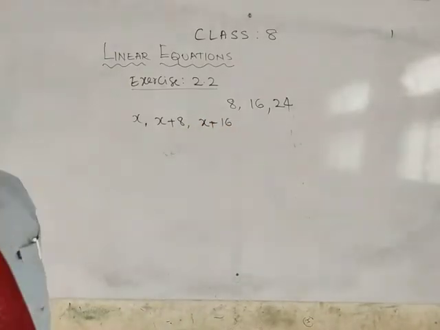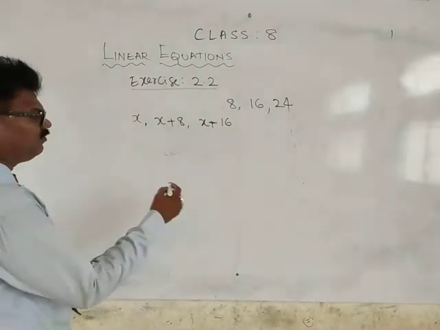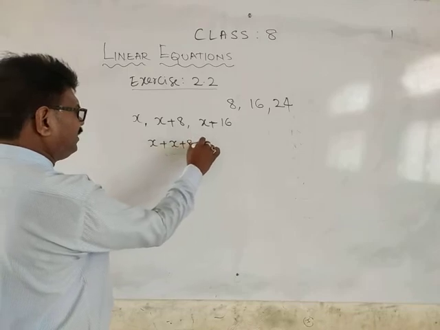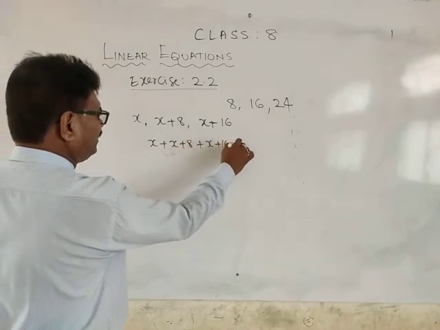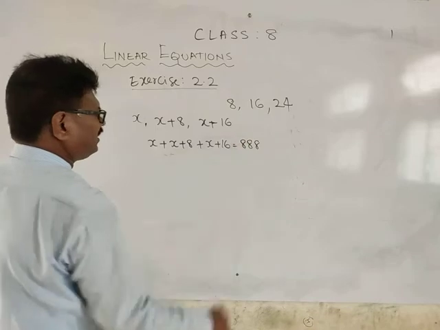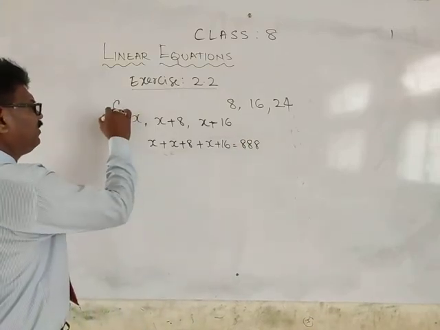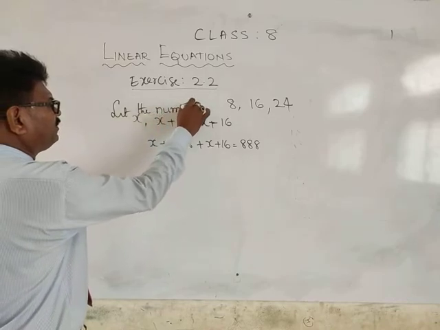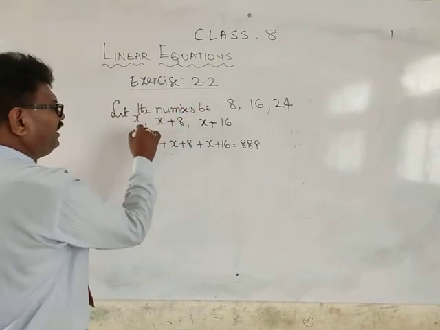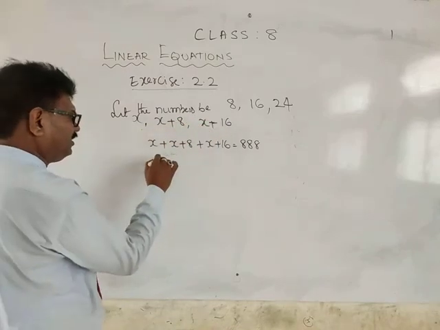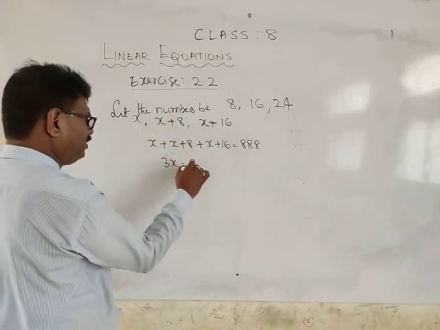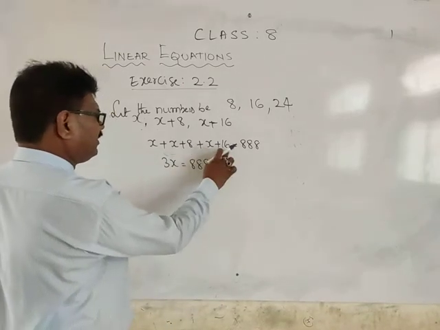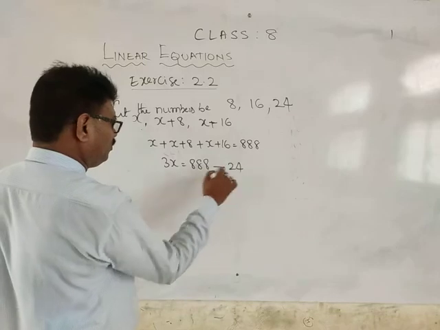Now add up to how much is it? 888. Simple. x plus x plus 8 plus x plus 16 equal to 888. Let the numbers be x, x plus 8, x plus 16. Now 3x is equal to 888 minus 8 plus 16, 24.